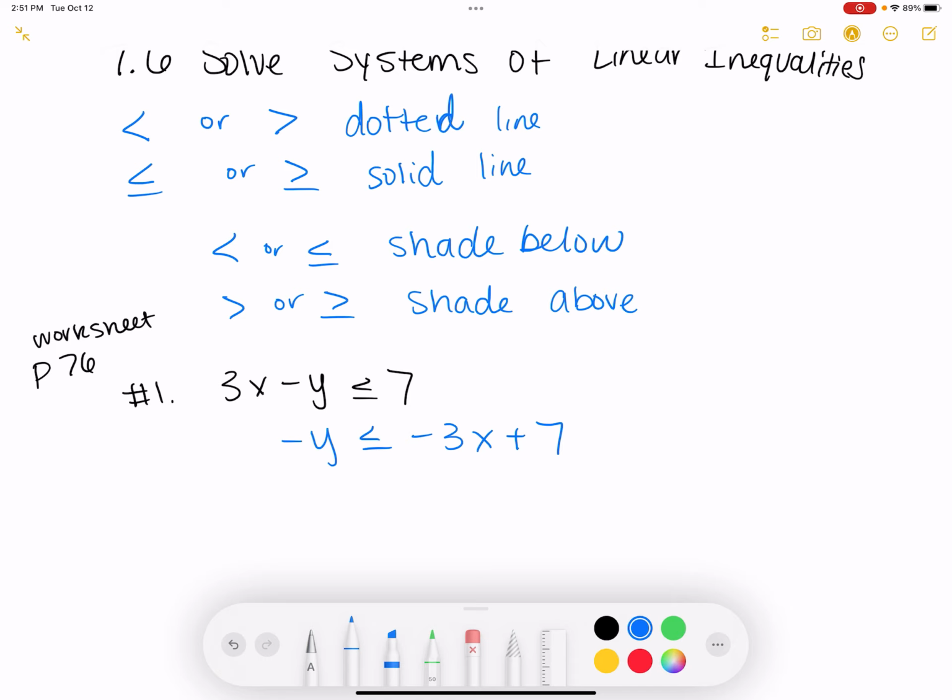Now, this is the tricky part. When you're doing inequalities and you divide by a negative, what happens? You're going to flip the inequality. So I'm dividing by this negative, so y is now greater than or equal to negative 3 divided by negative 1, so 3x, and then 7 divided by negative 1, so negative 7.